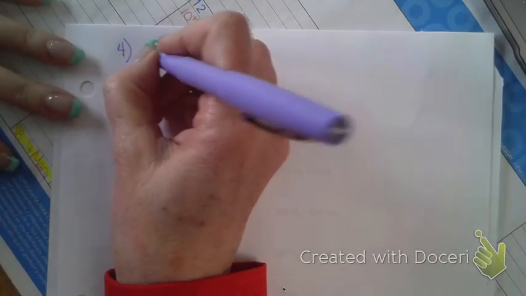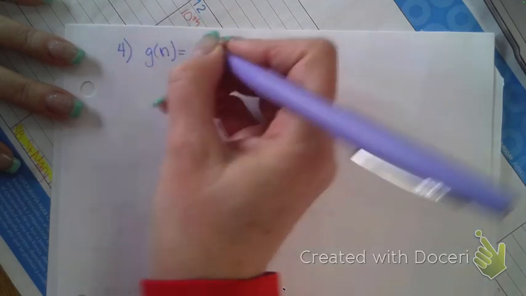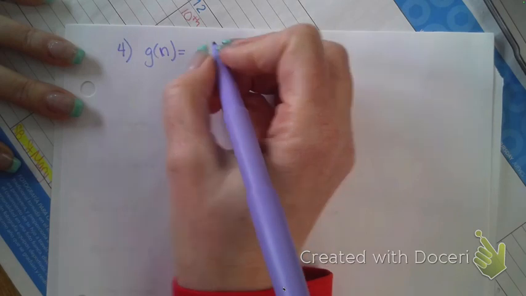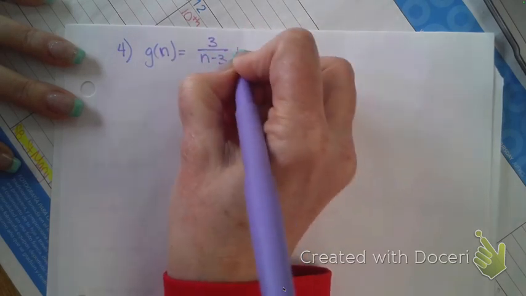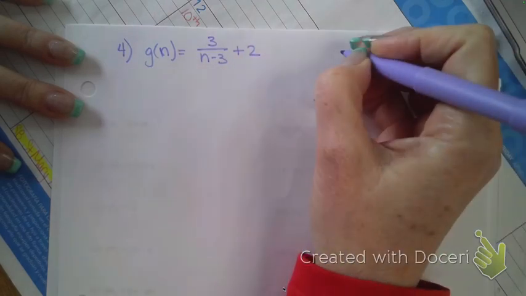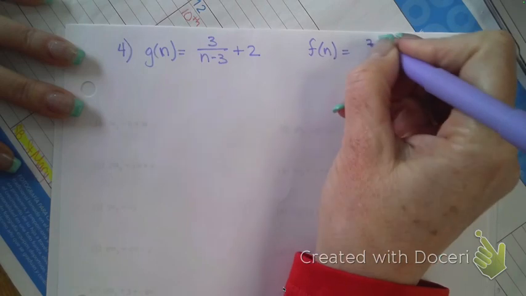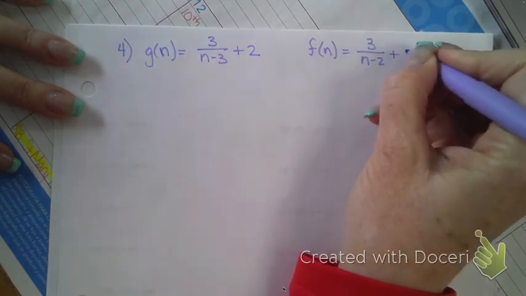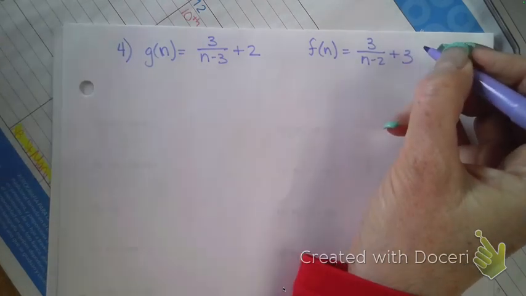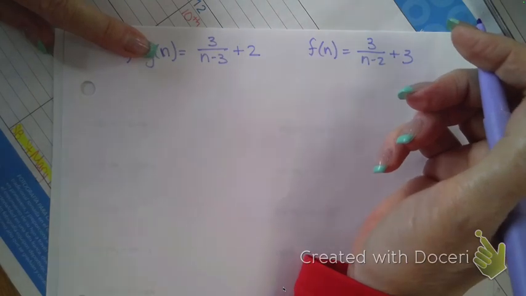Okay, so g of n equals what? 3 over n minus 3 plus 2 on the outside. And then f of n? 3 over n minus 2 plus 3. Now, these aren't going to equal x. They're going to equal what? N, because that's the variable.